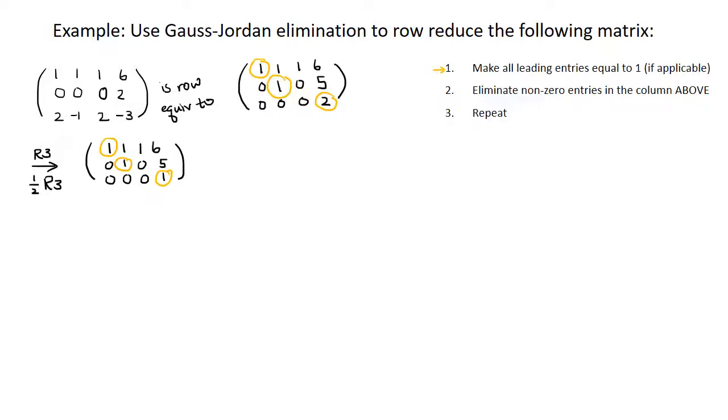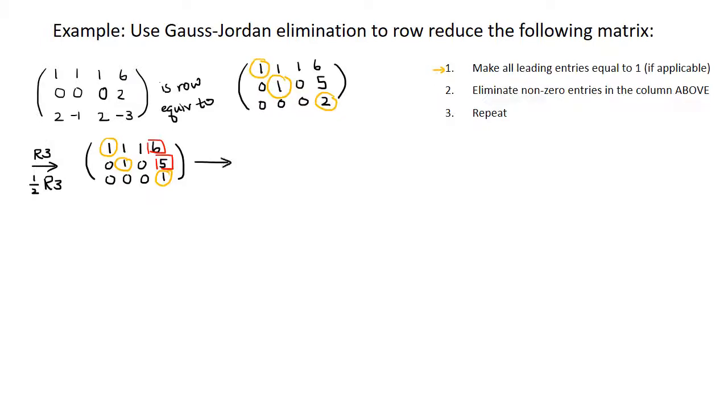So the main idea here is that we're going to start at the bottom row and eliminate any non-zero entries above our pivot. So here, our non-zero entries above the pivot are 6 and 5.